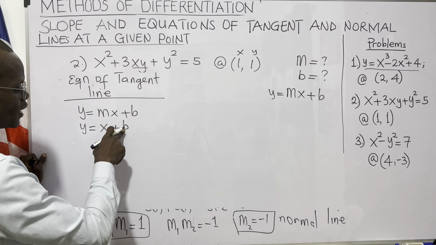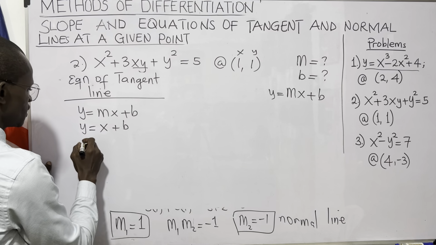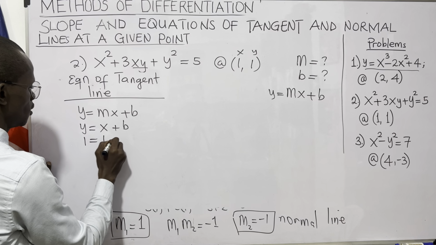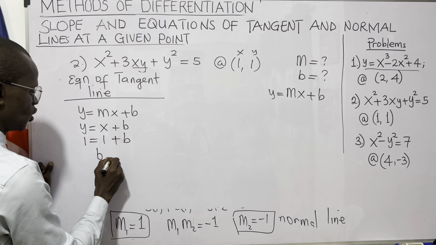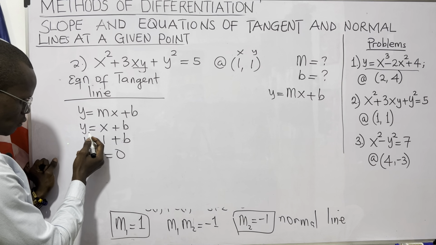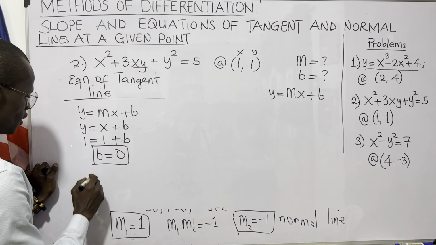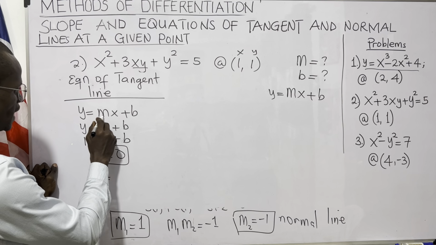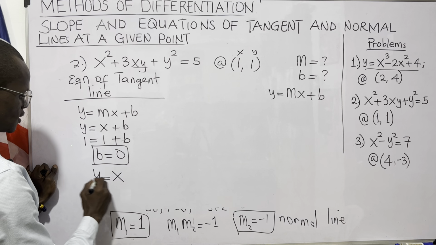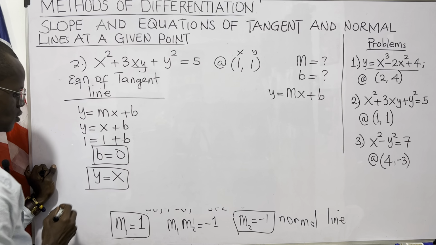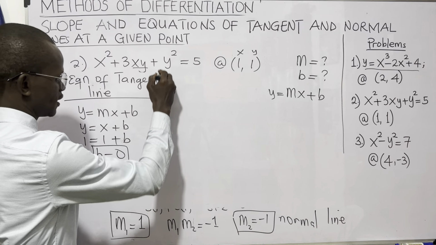But we need to know what this b is, so we replace x and y. x and y is just 1, 1, plus b. So b will be equal to 0, because if we send this 1 across, it becomes 0. So b is equal to 0. Therefore, y is equal to mx, but this m now is 1, so it's just x. So y is equal to x. There's the equation of the tangent line.